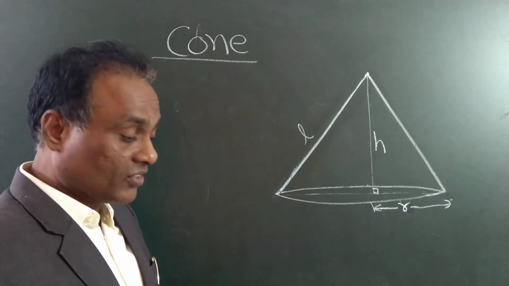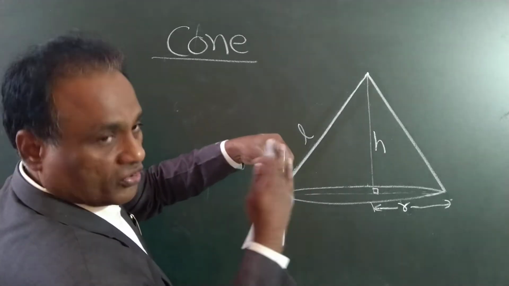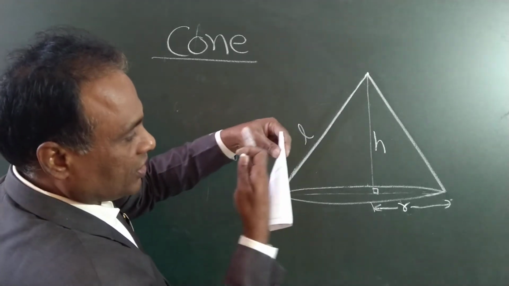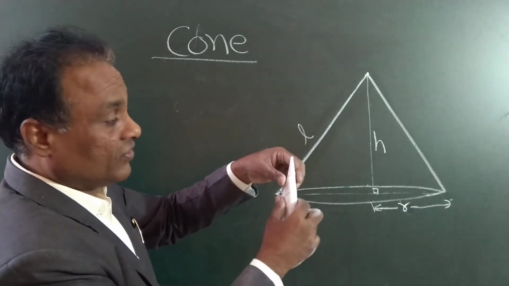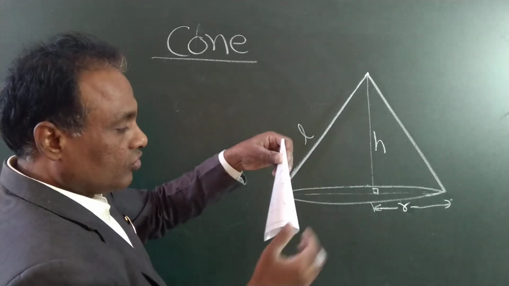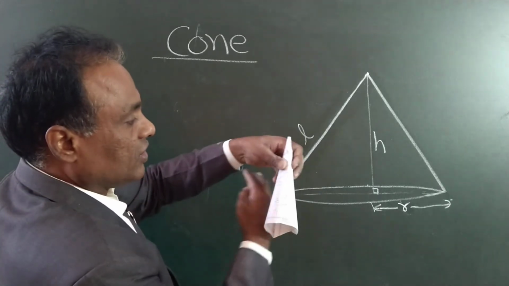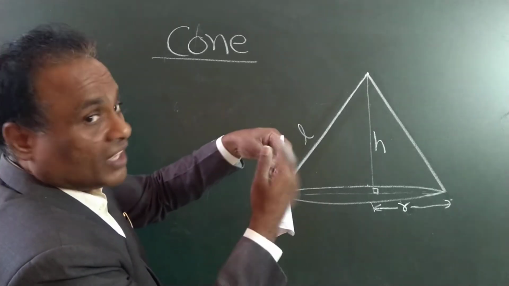For the cone also, if you see this total round portion, it is called the curved surface, because it is curved, no? So this area is called the curved surface area.